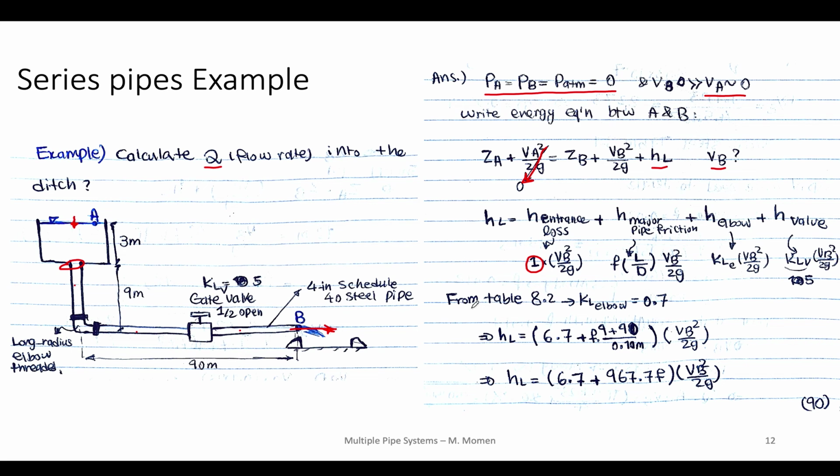So if you go to table 8.2, you can find the loss coefficient for this long radius elbow, which is threaded, and it's 0.7. So I can just substitute it here, and then I can find the total head loss in the system.